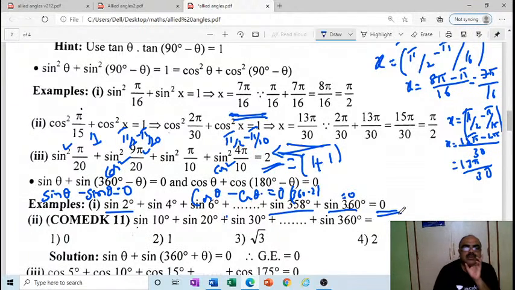Next, sin 10, sin 20, sin 30 up to sin 360. What is its value? As I said, sin 10 plus sin of 360 minus 10, it will be 350.